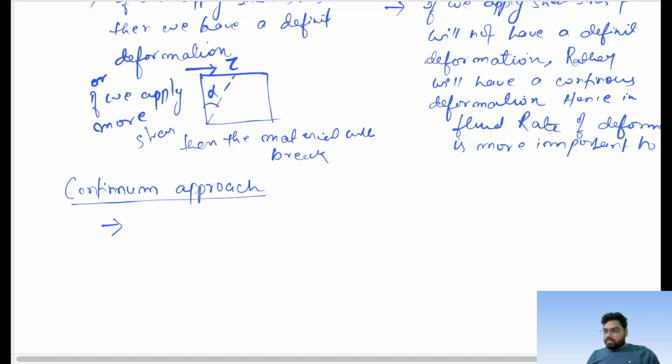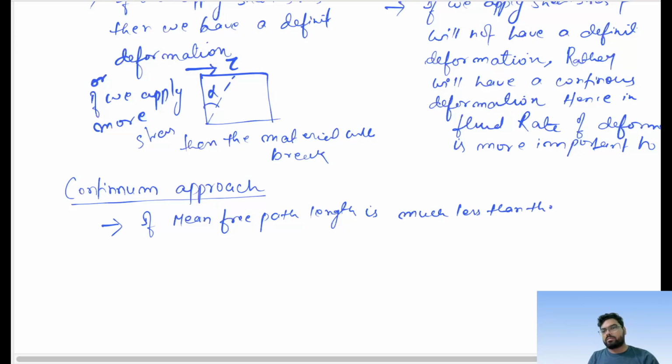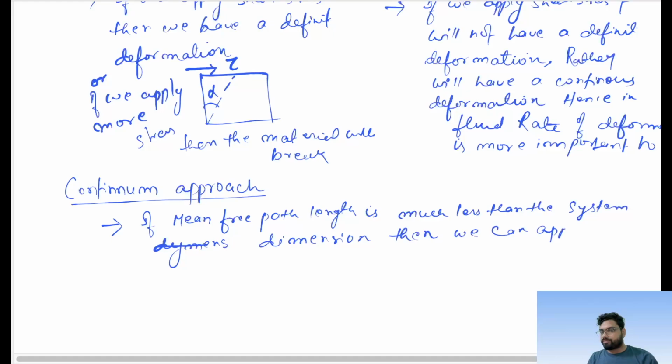Basically, in this, there is a concept that if the mean free path length is much less than the system dimension, then we can apply the concept of continuum.